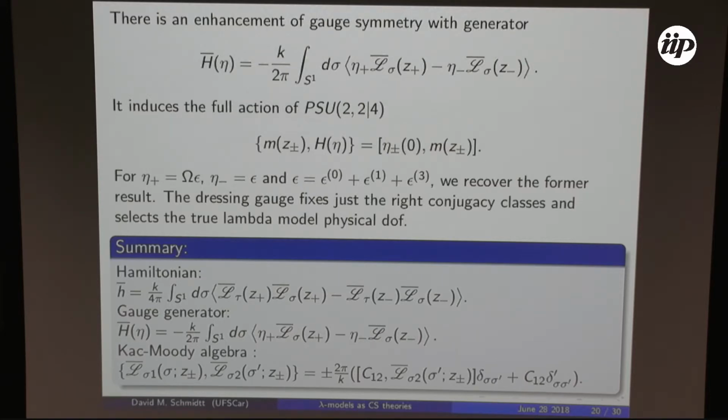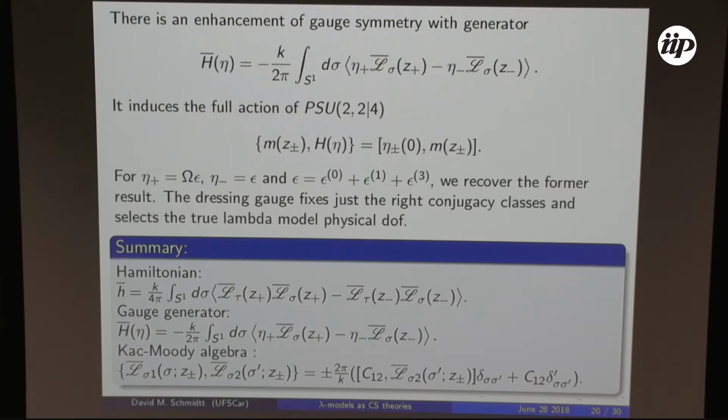There is something called the dressing gauge, which fixes just the right conjugacy classes and selects the true lambda model physical degrees of freedom, whose spectrum is magnon-like. So the summary is the following. I have this Hamiltonian, which is completely written in terms of the extended lax operator at the two special points.